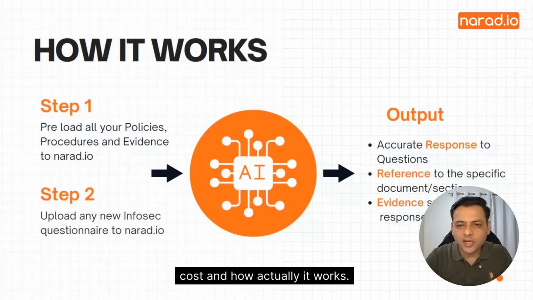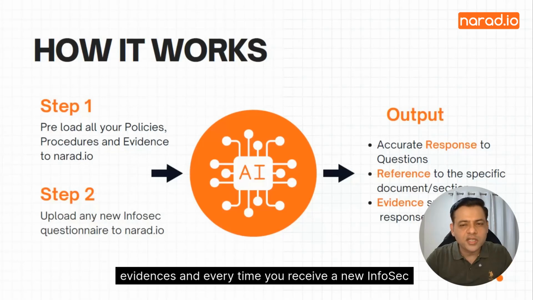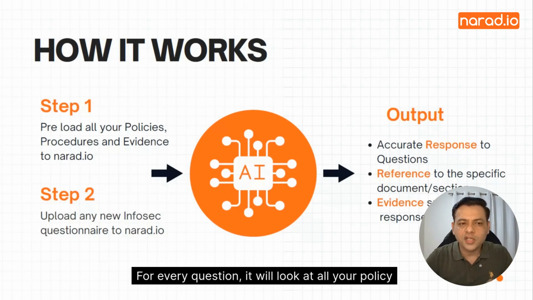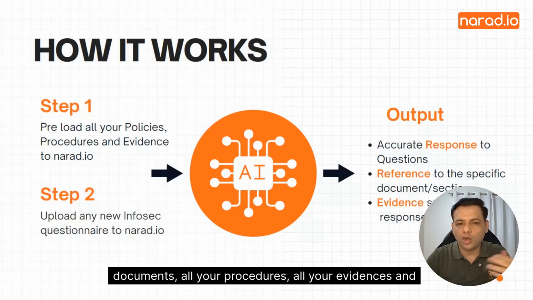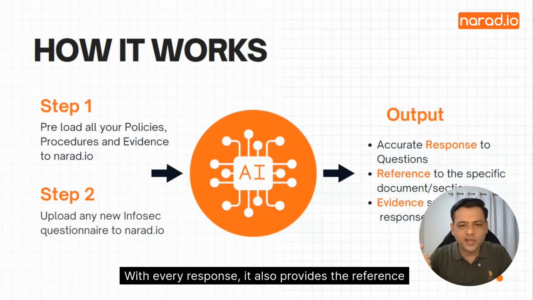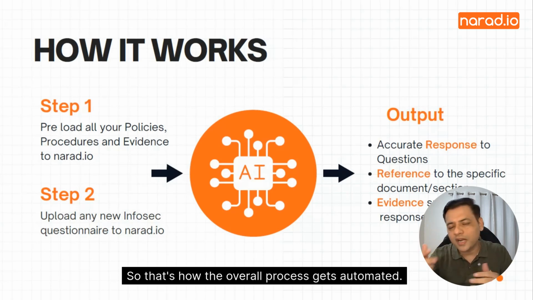And how does it actually work? You preload all your policies, procedures, and evidences, and every time you receive a new InfoSec questionnaire, Narad responds by looking at all your policy documents, procedures, and evidences for every question, and eventually provides the response. With every response, it also provides the reference and citation showing where the answer is coming from, and it gives you the evidence that supports the response. That's how the overall process gets automated.